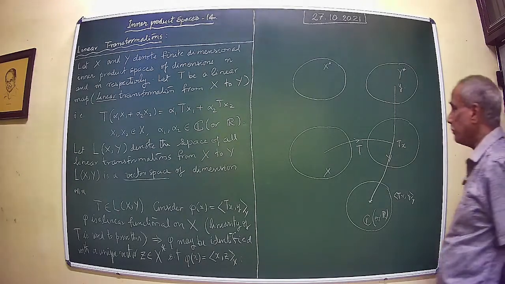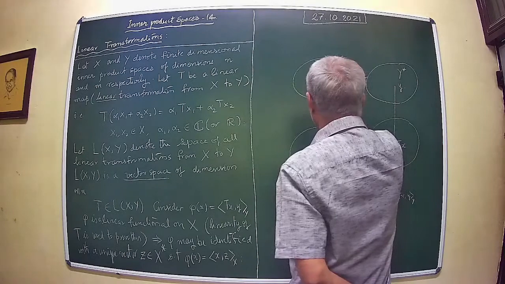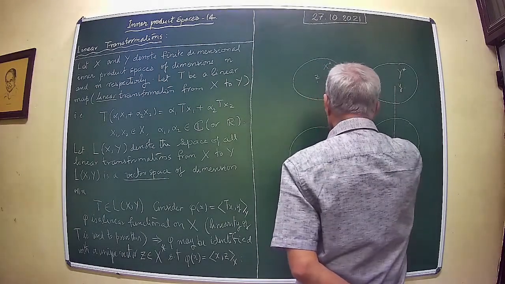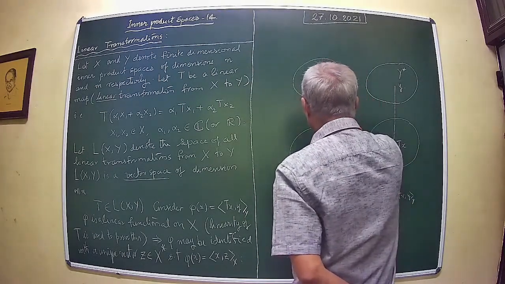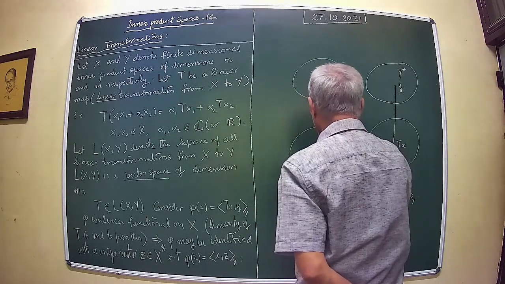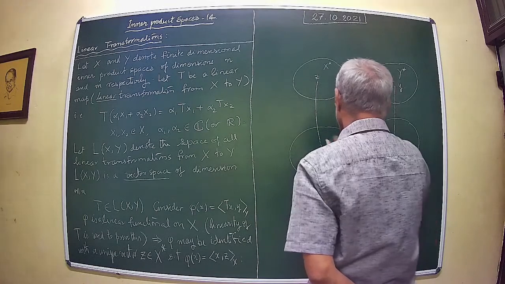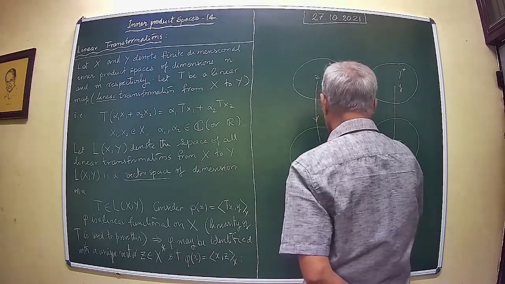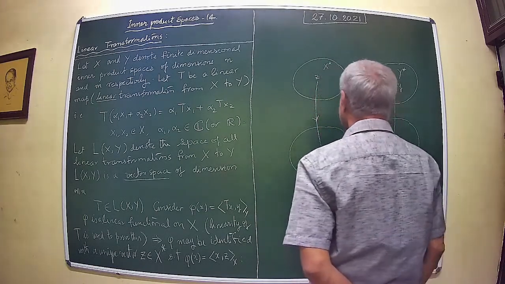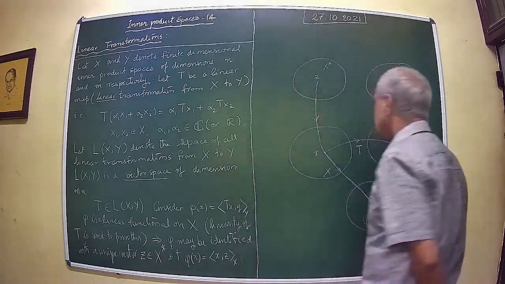Okay. So that means you have a vector z here which is uniquely determined, so that this is your x. So this carries x to this.